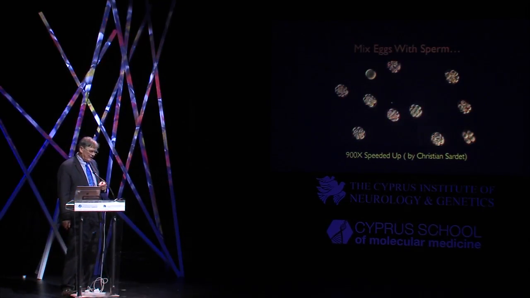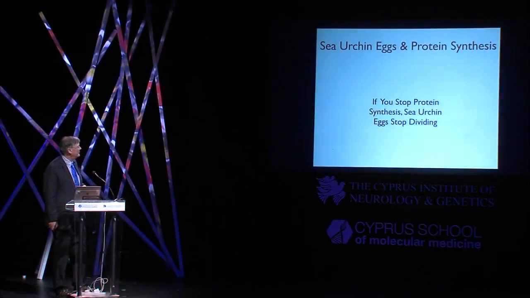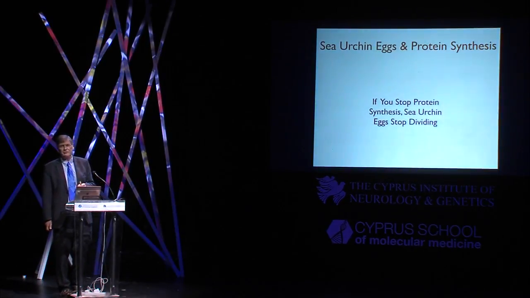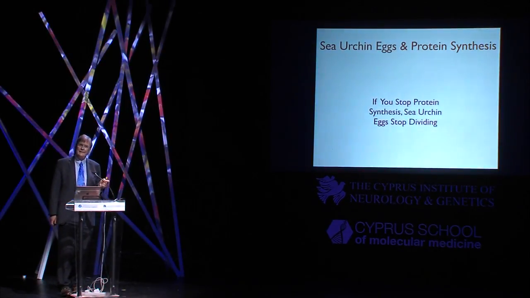And as I say, I was interested in what turned on protein synthesis. And I became aware that if you blocked protein synthesis, which is easy with antibiotics, the cells did not divide. So clear take-home message: one or more of these newly synthesized proteins must be essential for cell division.